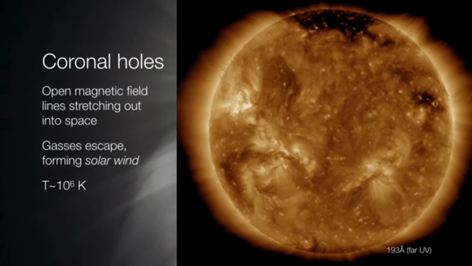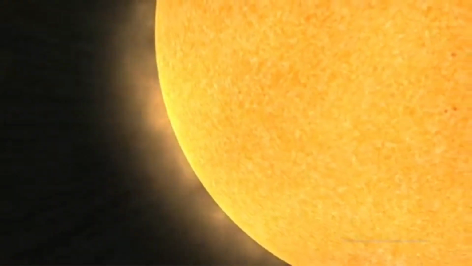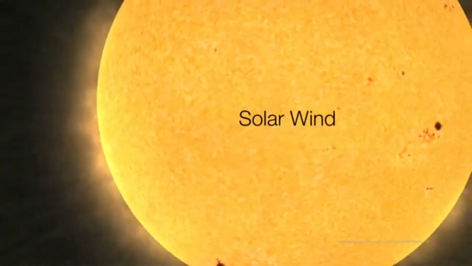So we're talking about a region of the sun's atmosphere that reaches 1,000,000 Kelvin easily, and for this reason we can only view this at far ultraviolet and even in X-ray wavelengths. But those hot gases that are escaping from the coronal holes are escaping through lots and lots of smaller coronal holes as well, giving us a continuous outflow of charged particles from the sun called the solar wind.